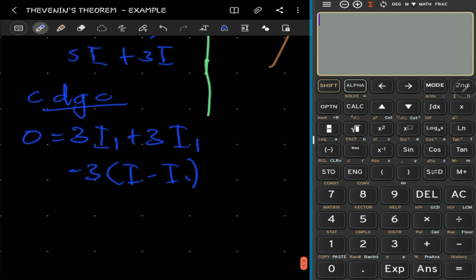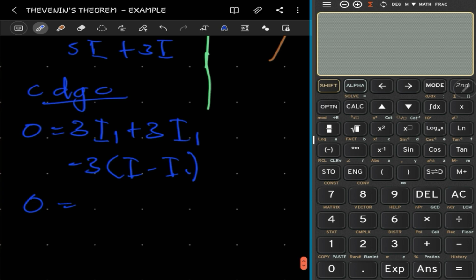So simplifying this, it gives us 0 is equal to, let's see. This is a 6I1 for the top side, and then we have a minus 3I, and then plus 3I1.